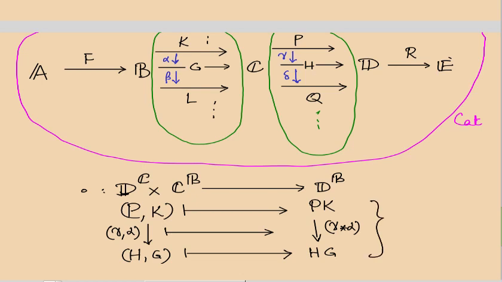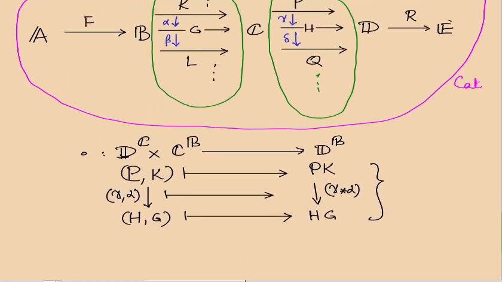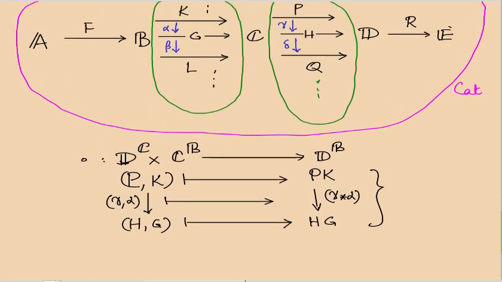Suppose you take it a little further. QL, this goes to QL. This is delta beta.